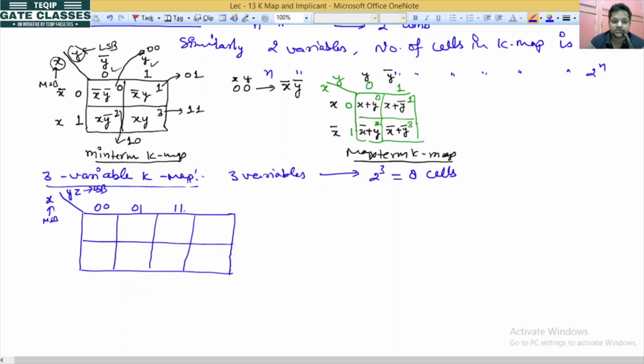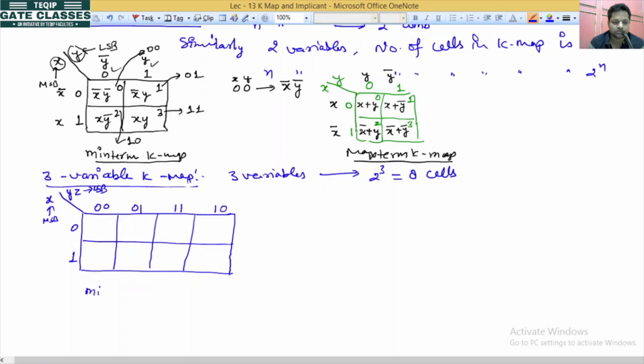In gray code, the difference between adjacent cell codes is of 1 bit. So after 0 1 it cannot be 1 0, because if you place 1 0 here, then a 2 bit change will occur, and that will not follow the concept of gray code. So the last one will be 1 0. This one is 0, this one is 1.